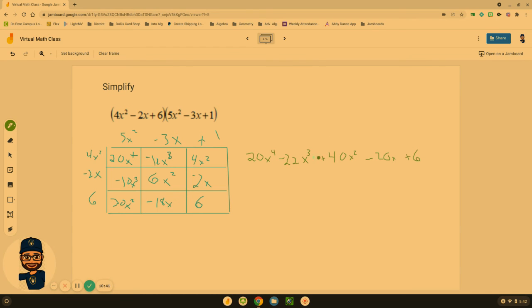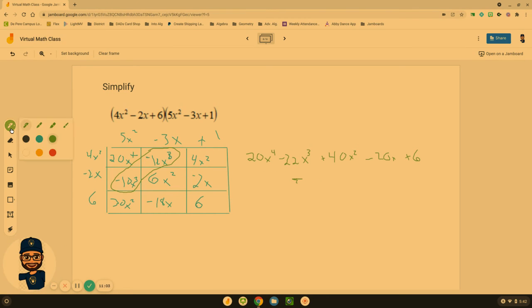Now you'll notice that I didn't write down all of the 9 boxes up here and then simplify. One of the things that the box is helpful for is that you'll notice here's the x to the thirds, right? Those are both of these two right here. So you can look at the box to combine them right away.